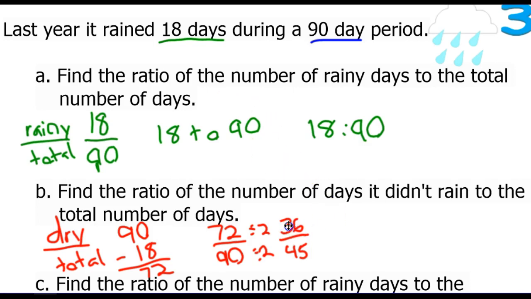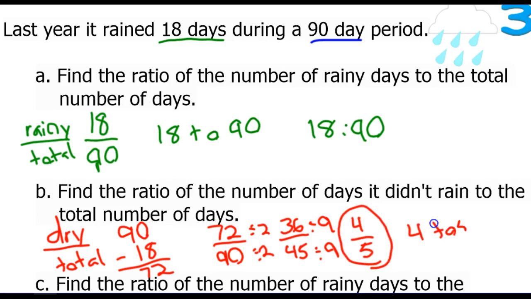What we could do is take out 9. We could divide those by 9. 36 divided by 9 gives us 4. 45 divided by 9 gives us 5. So our ratio is 4 over 5, or 4 to 5, or 4 colon 5.